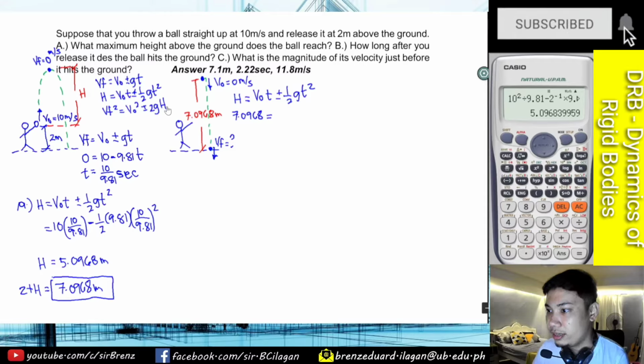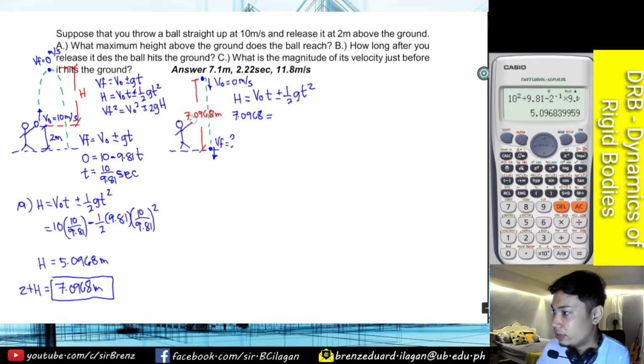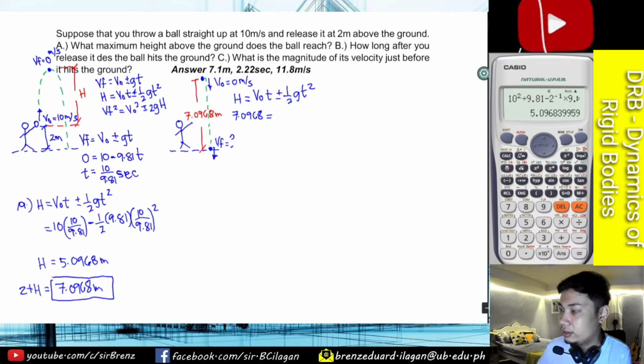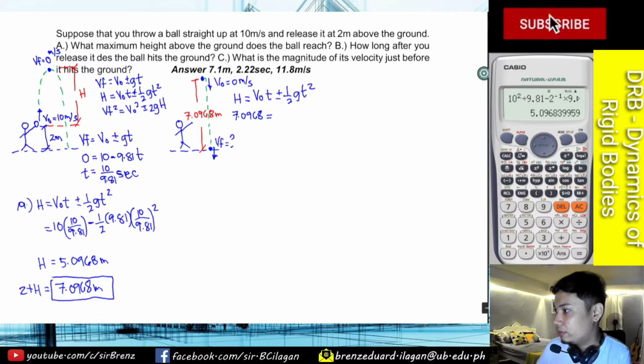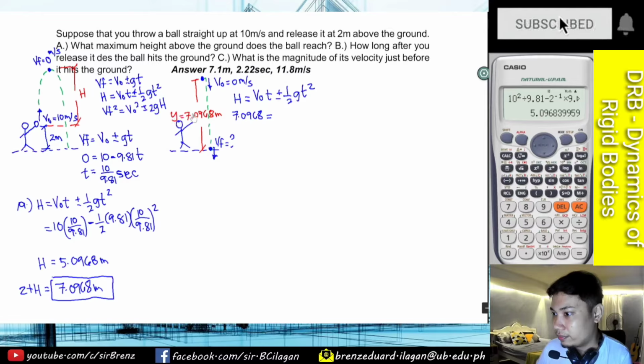Para hindi malito, ilalat ko na lang tong y, kasi may h na kanina nagamit na natin. So, baka malito lang kayo. So, gawin natin tong y, and then yung equation, gawin lang din natin tong y.